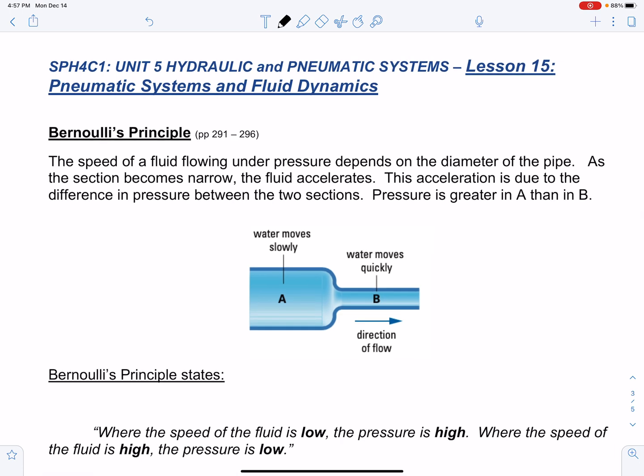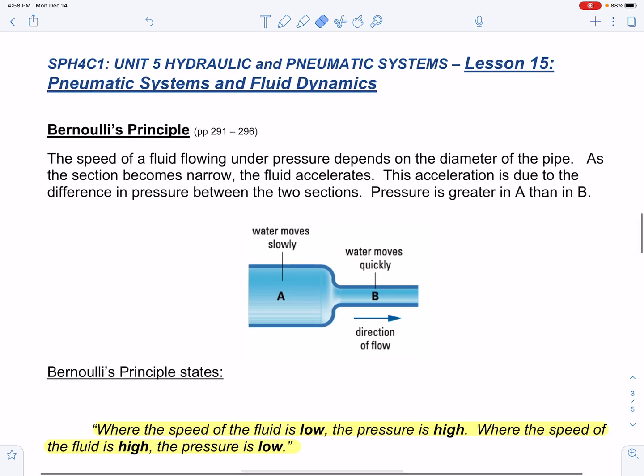A very important concept in fluid dynamics is Bernoulli's Principle. Bernoulli's Principle states that where the speed of the fluid is low, the pressure is high, and where the speed of the fluid is high, the pressure is low. This is an important statement for you to remember or even memorize. It sometimes sounds a little contradictory, but it's actually very true, and it explains most of the features that you'll encounter in fluid dynamics.